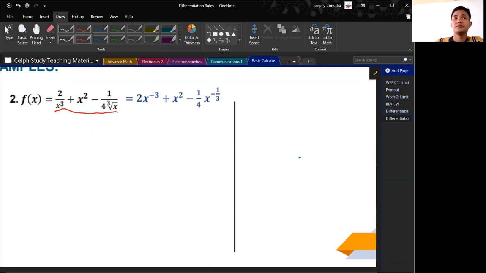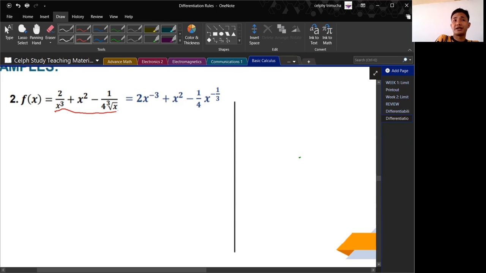If we look at the original equation, it is complicated. You have variables in the denominator and you have radicals in the equation. So the best way is to transform the equation into polynomial form. All the variables in the denominator we bring up, but we change the exponent into negative.